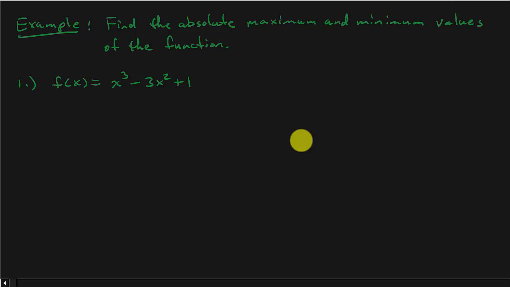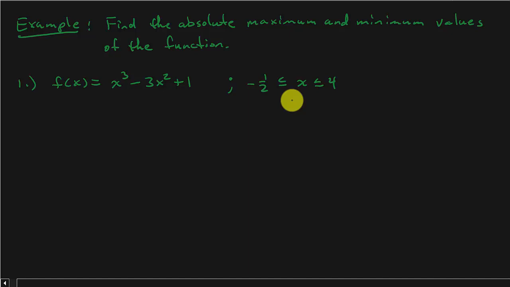Now, for some reason, when I was writing these out, I did not write the interval on this one. So this is from -1/2 to 4. So I'm looking for the absolute maximum and minimum over this interval right here.